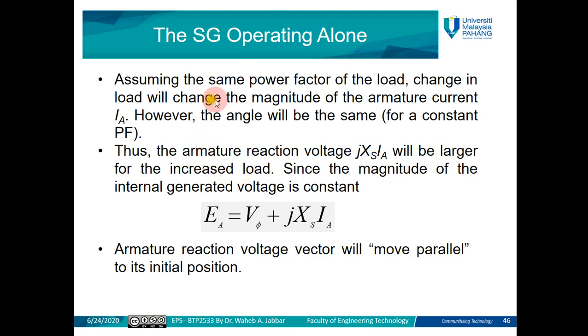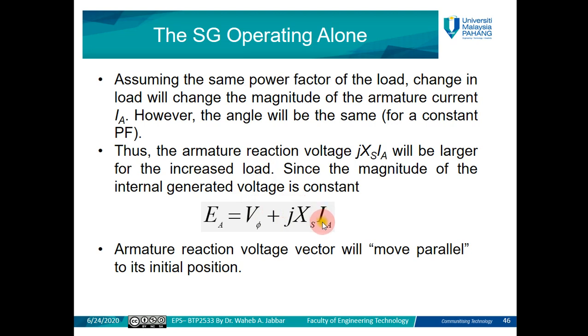Now assume the power factor of the load is fixed or constant, whether lagging, leading, or equal to 1 for a resistive load. The value of the current will then change based on the load.